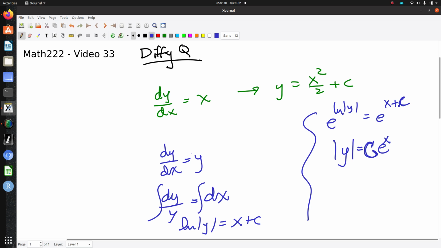The answer is actually no. It's not necessarily the case. You can use natural logs as a waypoint to get here, but you don't end up with natural logs in the answer. And in fact, after you figure out what the answer is, you realize that the absolute value bars were not necessary because this part is not going to go negative anyway, right?